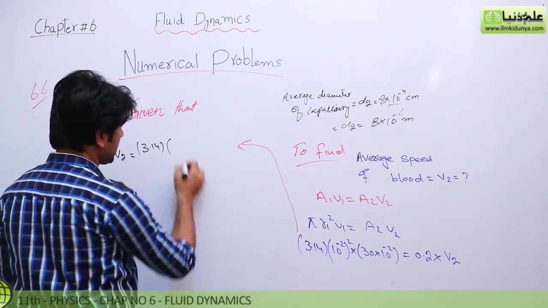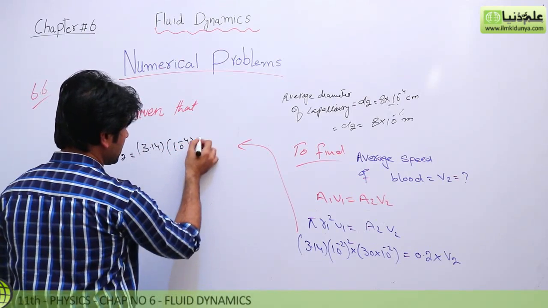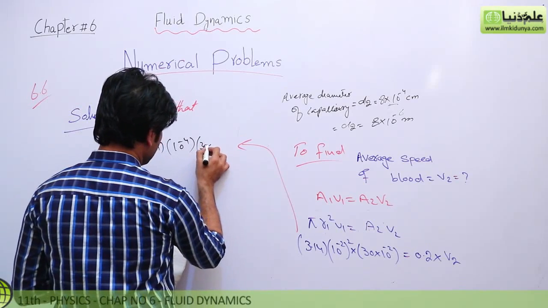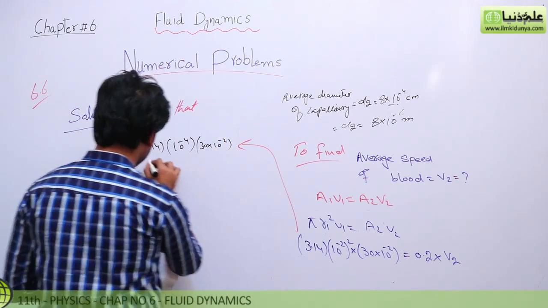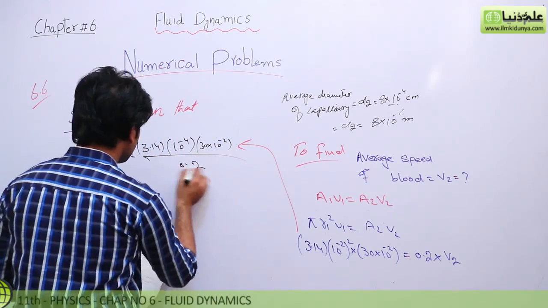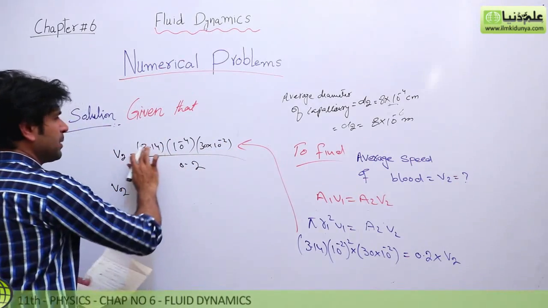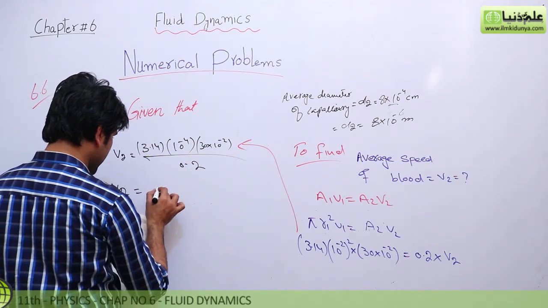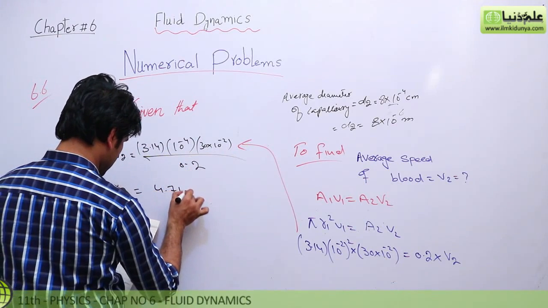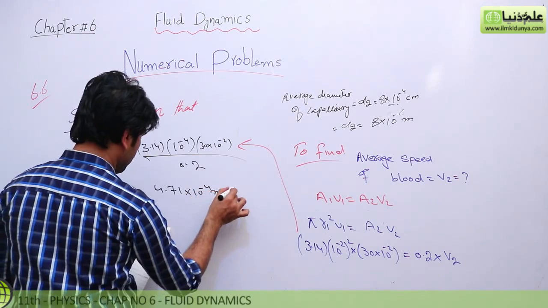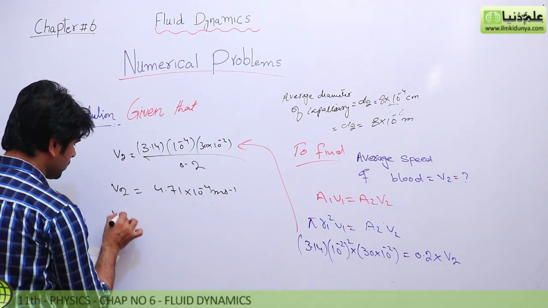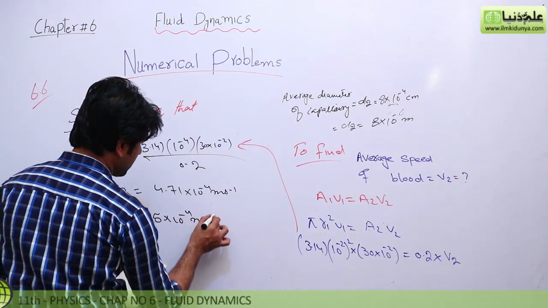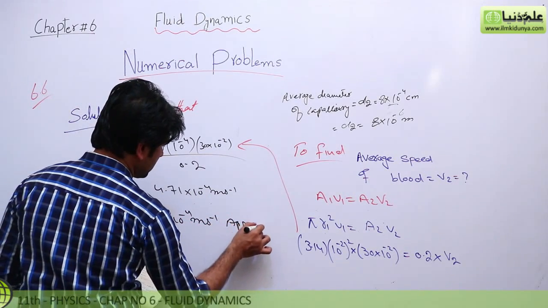When we take the square, 10 to the power minus 2 becomes 10 to the power minus 4, and the 30 × 10 to the power minus 2 will remain the same, divided by 0.2. When we multiply the numerator's values and divide by 0.2, then we will have 4.71 × 10 to the power minus 4 meter per second. Our approximate value is 5 × 10 to the power minus 4. This is the approximate value.